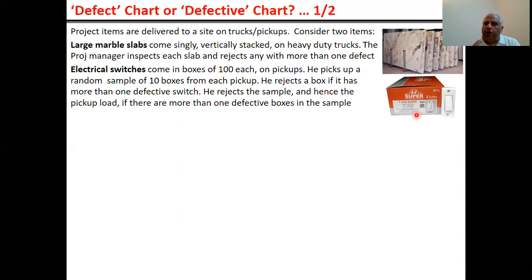And if a box has more than one defective switch, the whole box is considered defective. And if there's more than one defective box in this sample of 10 boxes, the whole pickup load is rejected. So this situation is very similar to the one of mangoes, which we just discussed, and the marble situation is similar to the one of watermelons.